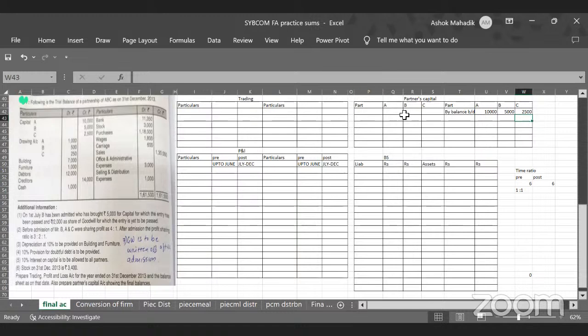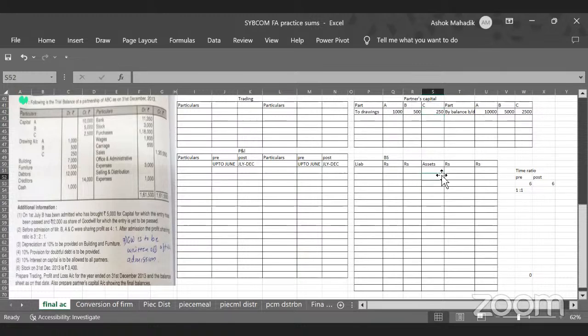Next, drawings. We record drawings on the debit side. So I'll write to drawings. Amounts given as 1,500 and 250. Next, building. This will go to the asset side.